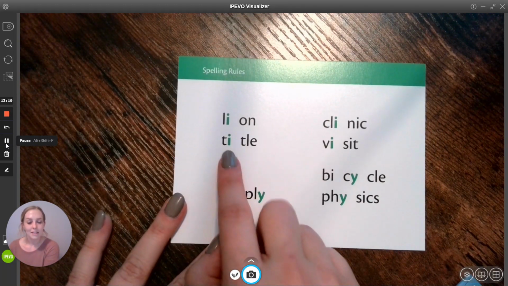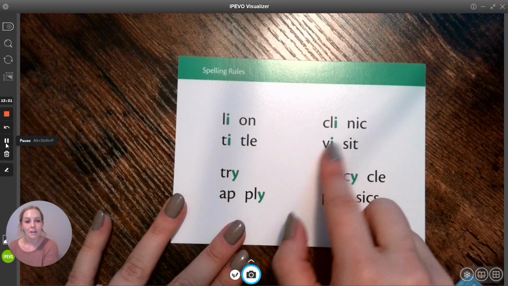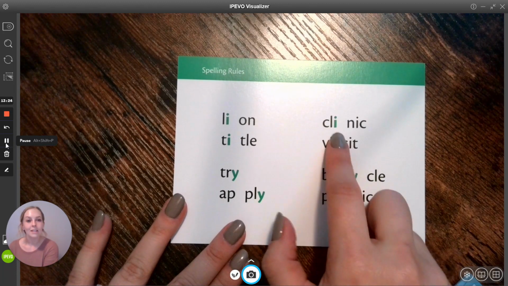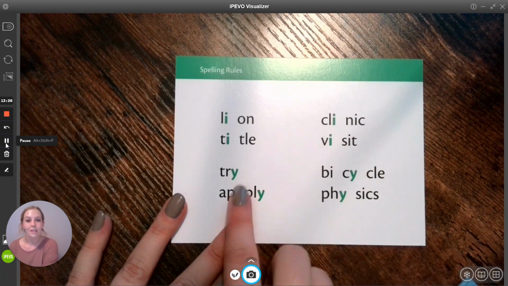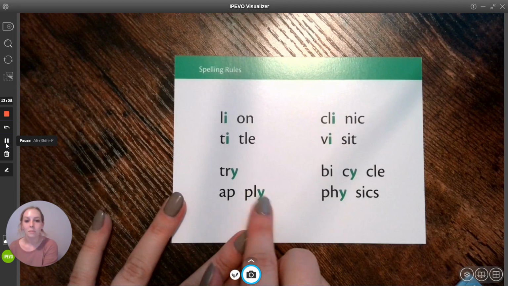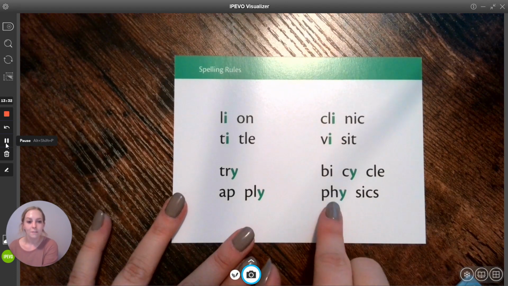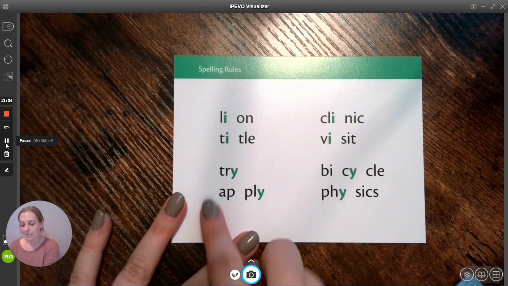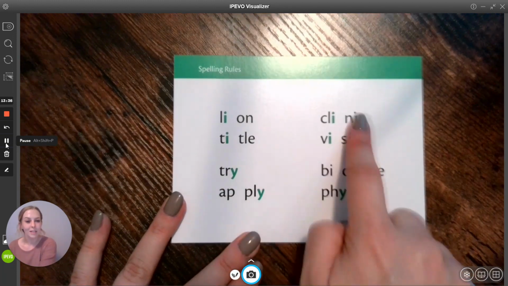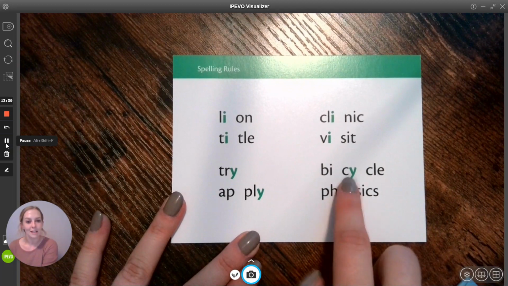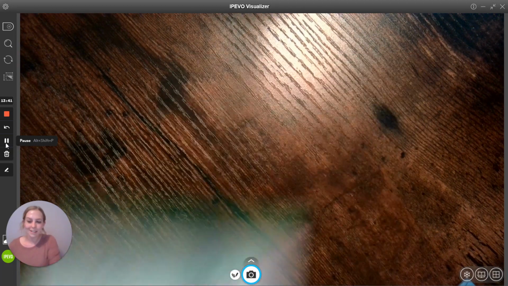Lion, title, visit, clinic, try, apply, bicycle, physics. So you can see it says long sound and short sound at the end of the syllables.